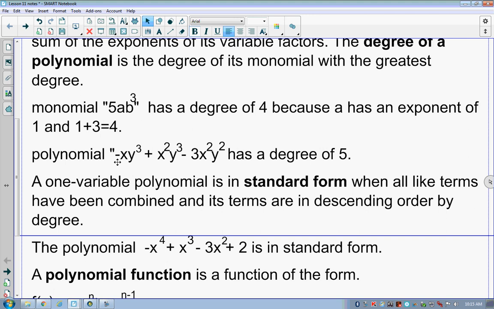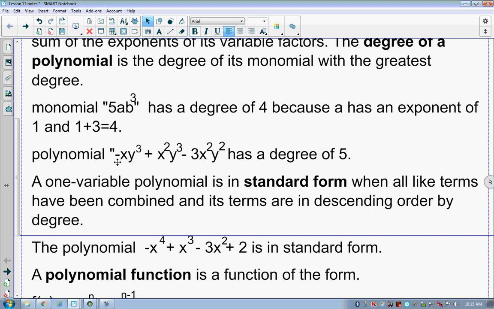So a one-variable polynomial is in standard form when all like terms have been combined, and its terms are in descending order by degree, meaning from greatest to least. Down here, we have a polynomial in standard form because I'm starting off with the variable with the highest exponent, then going down: coefficient, variable, next highest exponent, until I finally get down to a constant.